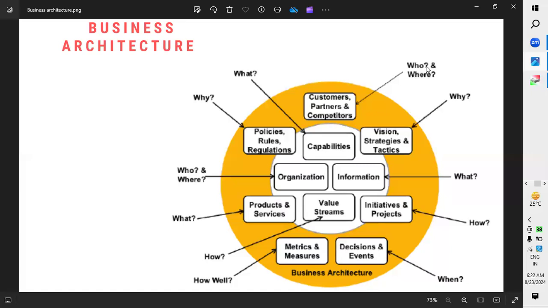business architecture. So what does business architecture consist of? It consists of multiple things. Using the customer example I have given, let me relate the same. Let's say, what are the business capabilities this bank has? Next, what are their vision, strategy, and tactics?